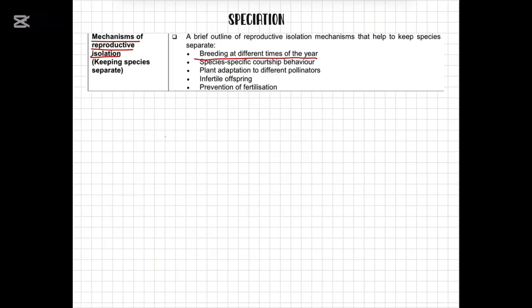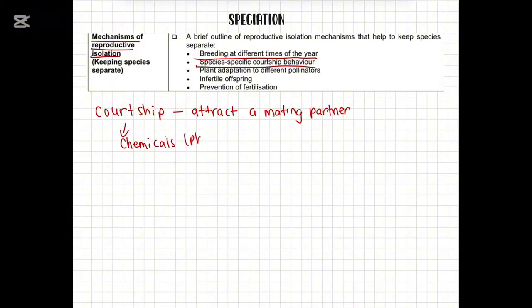Some breed in summer, some breed in winter or spring, whatever the case may be. Species have their specific courtship behavior. Some use chemicals, some physically do courtship. Courtship is a way in which organisms attract their mating partner.